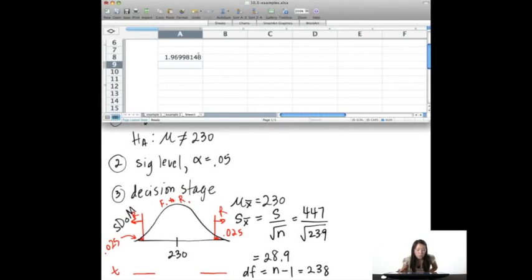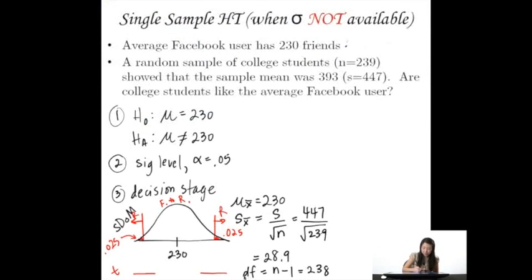And I get 1.97. So positive 1.97 and negative 1.97, because t distributions, as many problems as they have, they're perfectly symmetrical. Okay, so those are our critical t's. That's our boundary t values.